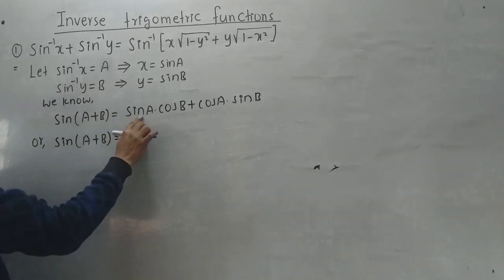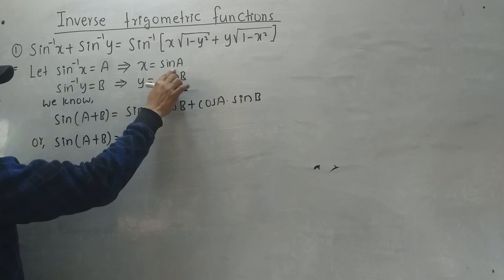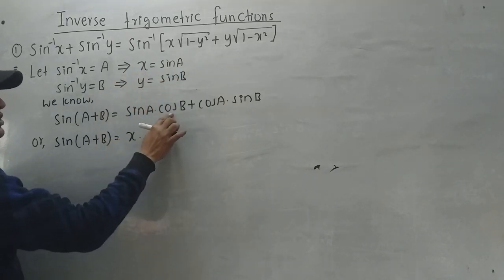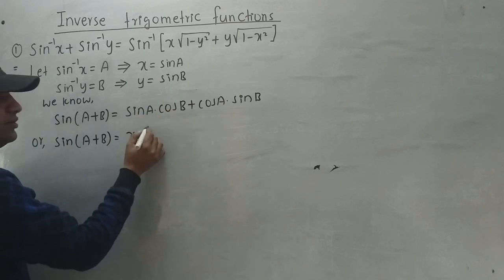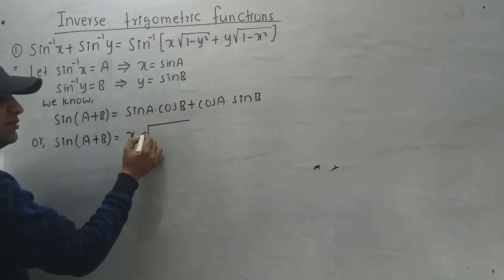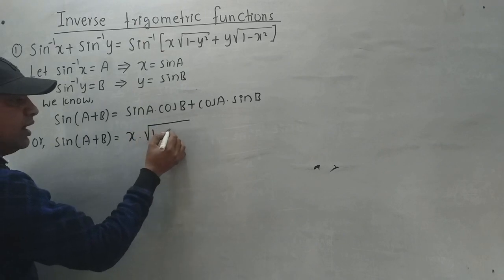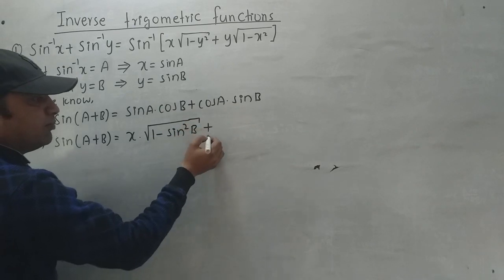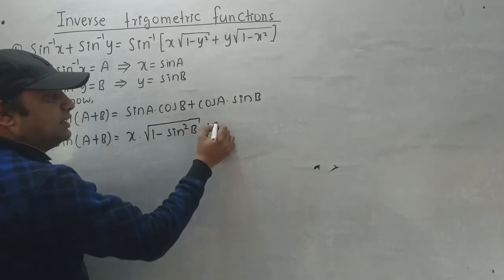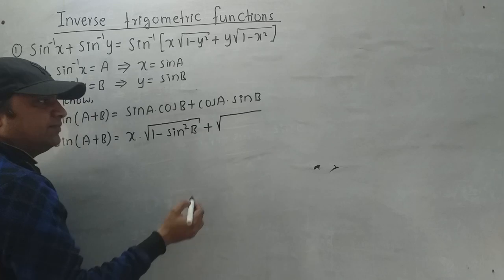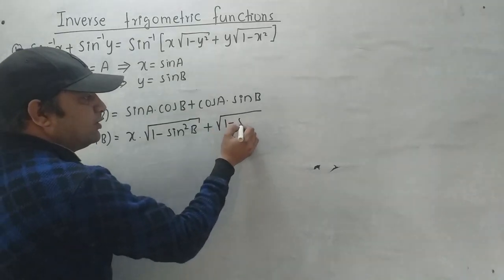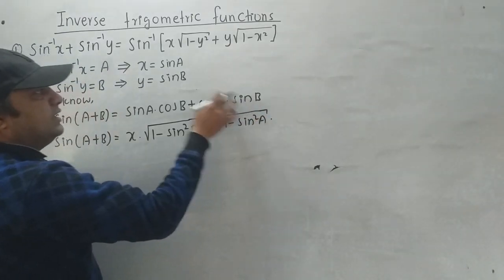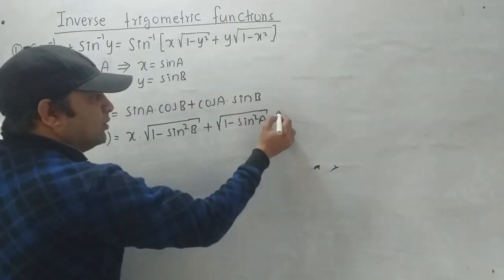So what is the replacement for sine A? For sine A you can write x. For cos B we have to change that in terms of sine. So cos B is given by under root of 1 minus sine square B, plus, for cos A you change that in terms of sine, cos A is under root of 1 minus sine square A. For sine B you can replace that by y.